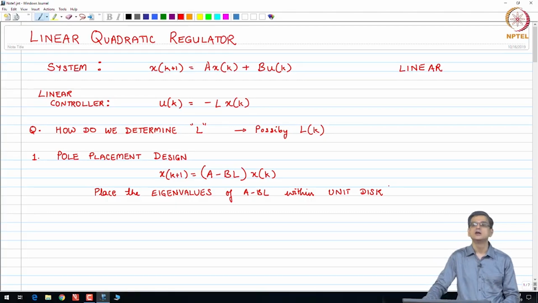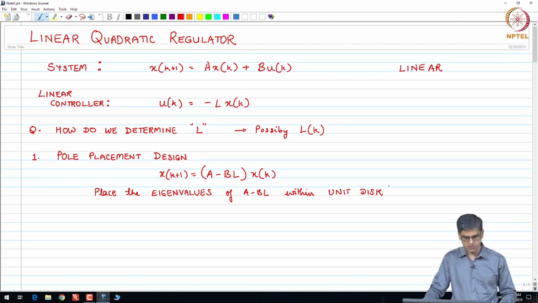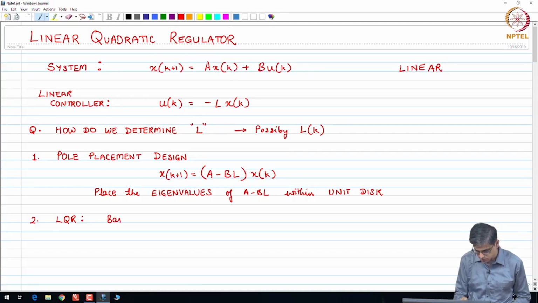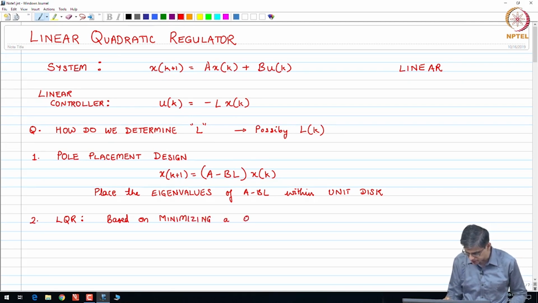And then there are different approaches in order to determine what that linear controller is going to be. One of those approaches is the LQR. And that is based on minimizing a quadratic objective.